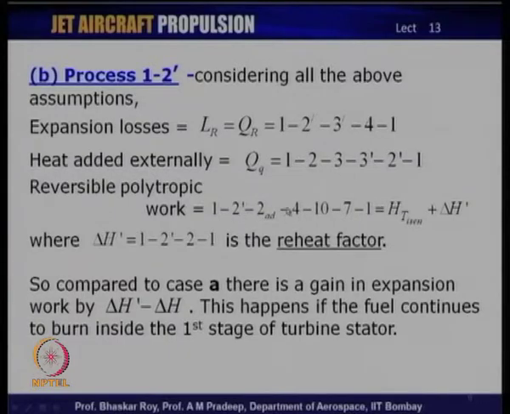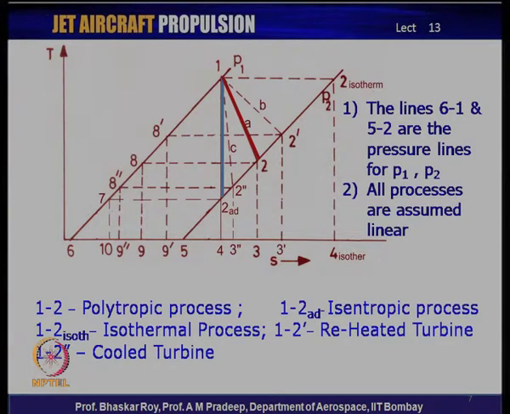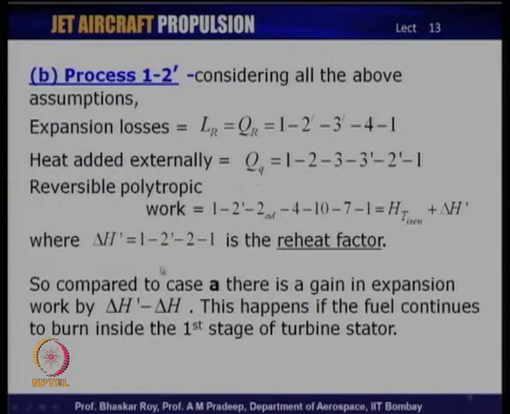Same thing we had done for case A, as a result of which we can see that the reversible polytropic work will be somewhat different now, and this delta H prime, 1 2 prime to 1, is the reheat factor for this particular case, in which a certain amount of extra heat has been influenced from external sources.